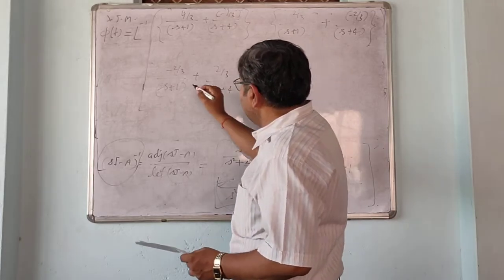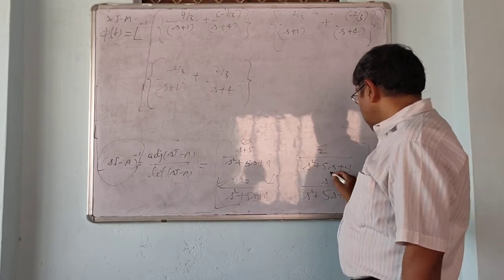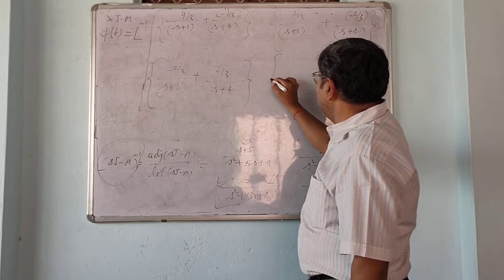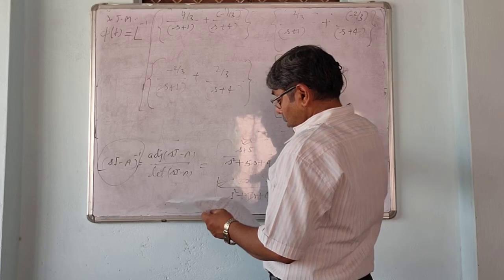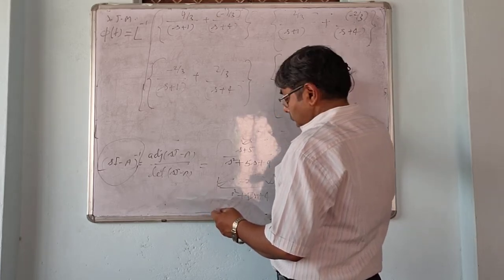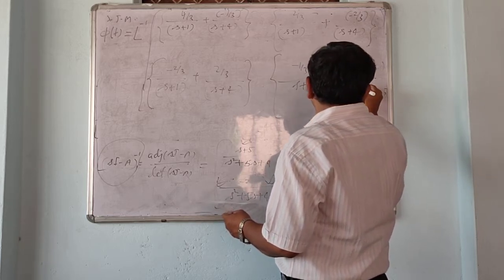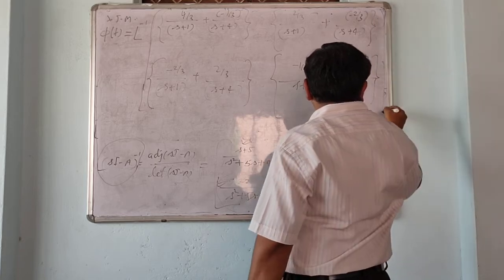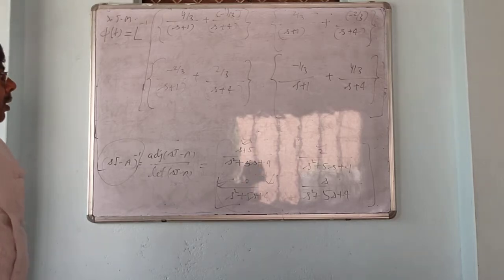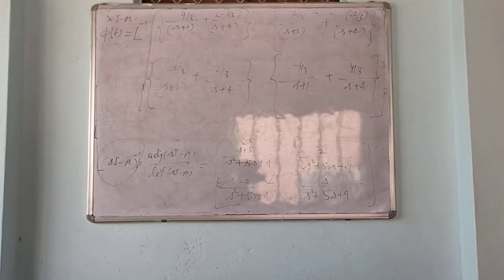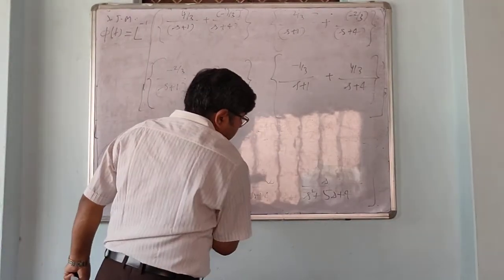So this is the third term. And for this last term we have two parts, minus 1 by 3 and plus 4 by 3. So after partial fraction we will get all these constants, and taking the Laplace inverse we will get the final state transition matrix.